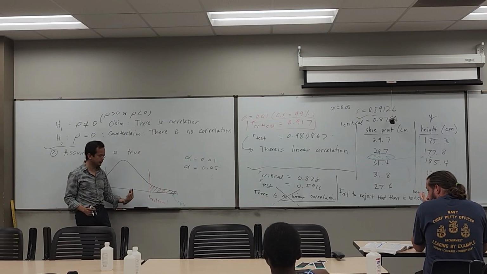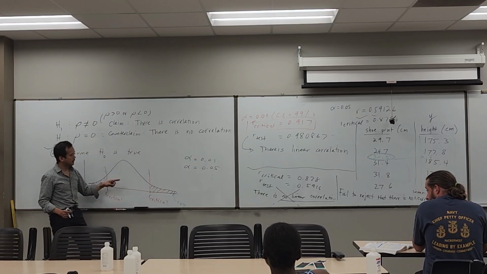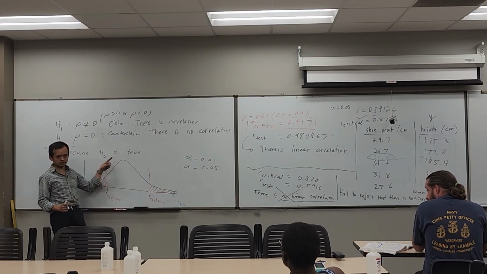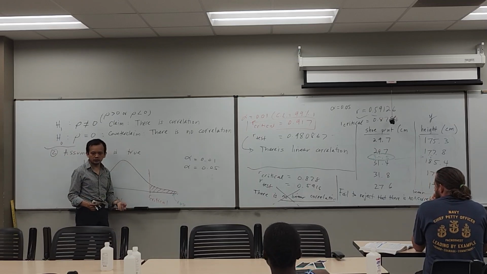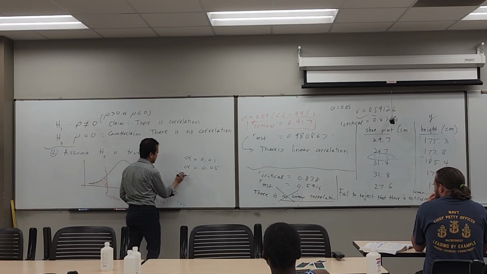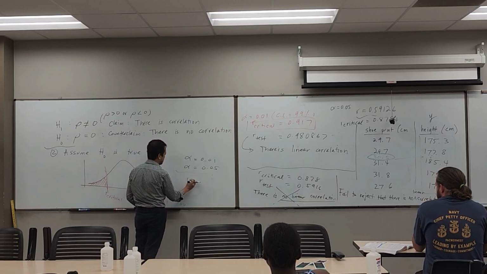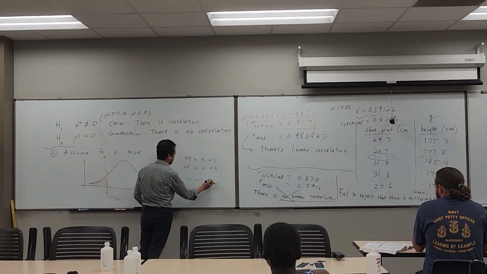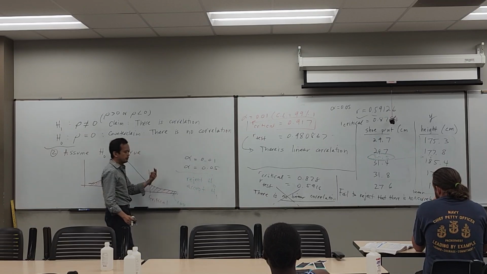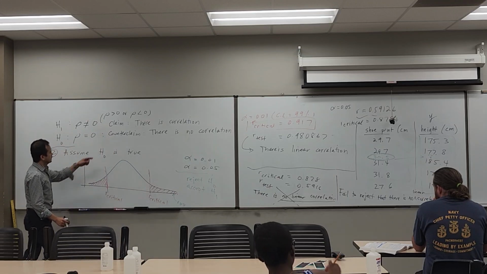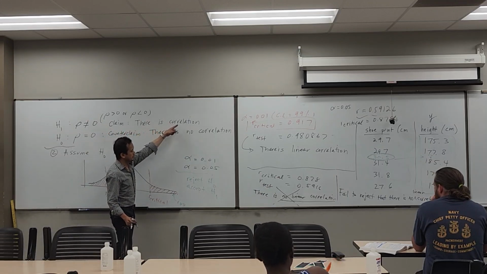If it's in the tail, that means the observation is not consistent with the idea that H0 is true. So if it's not consistent, then what can we do with H0? Reject it. Yeah, we can reject H0, and we can accept H1. We always want to bring it back to the original claim. The claim is that there is correlation.